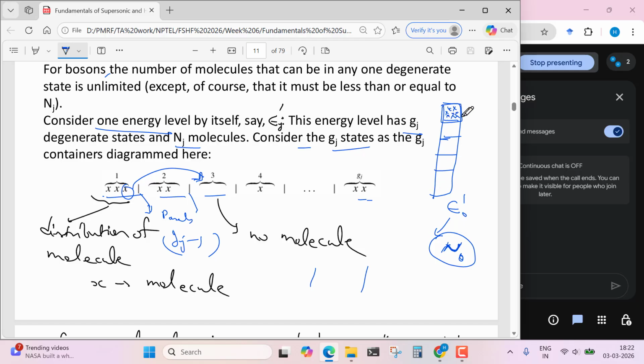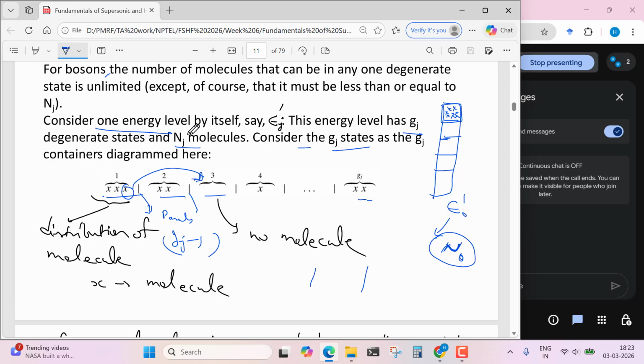In one degenerate state we can fill unlimited molecules, but there is one limit. Let's say this energy state is for the epsilon j energy level. The maximum number of molecules it can have is Nj, so the number of molecules we put will never be greater than Nj. It will always be less than or equal to Nj.